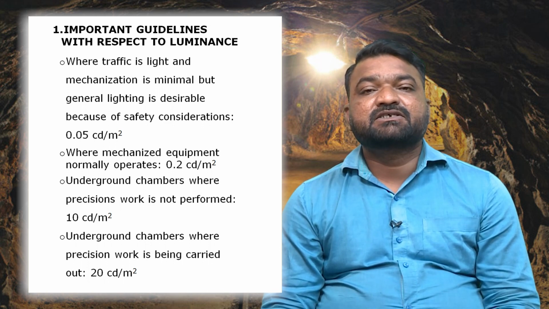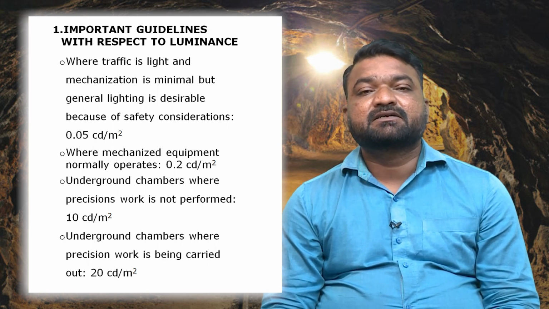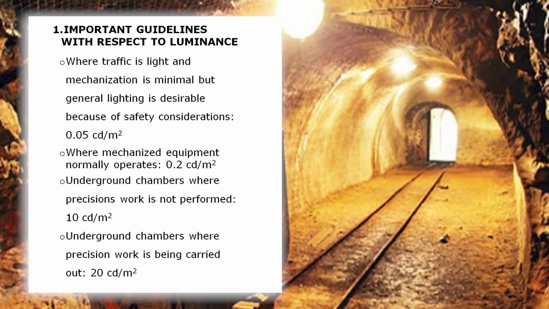Where mechanized equipment normally operates, 0.2 cd per meter square. Underground chambers where precision work is not performed, 10 cd per meter square. Next, underground chambers where precision work is being carried out, 20 cd per meter square.